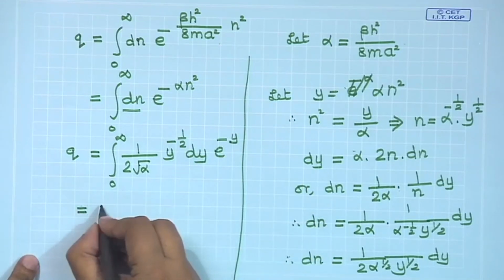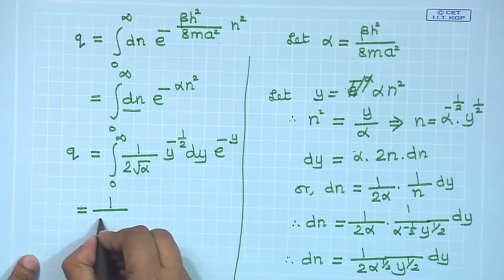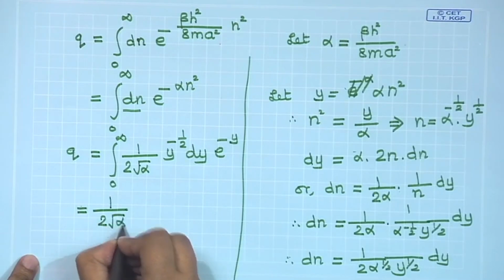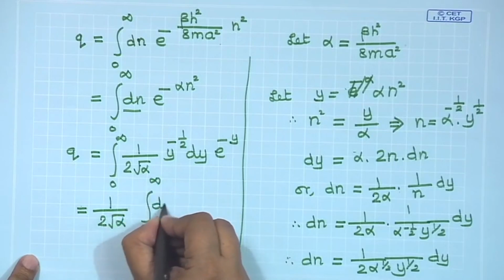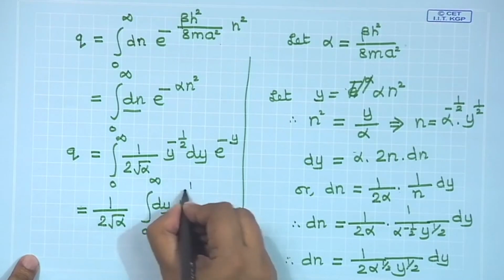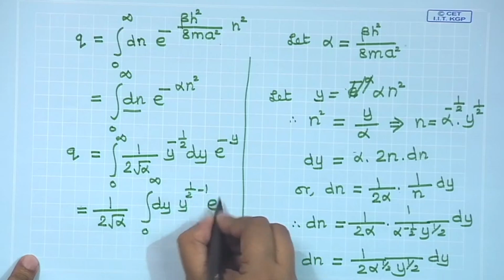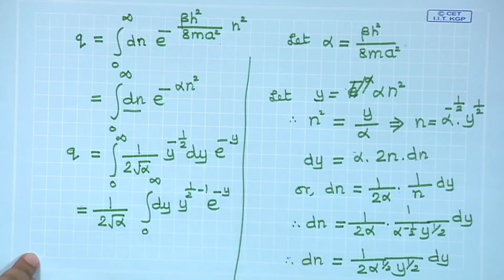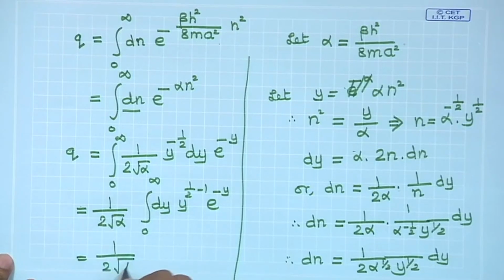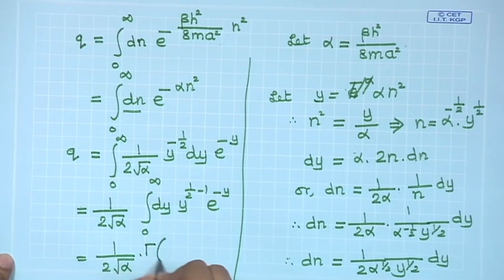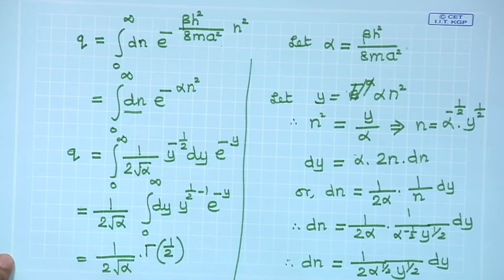So, this now turns out to be 1 by 2 into root alpha into integral 0 to infinity d y y to the power of half minus 1 into e to the power of minus y. By now, you must have learnt in your maths courses that this is nothing but 1 by 2 root alpha into gamma half, right.